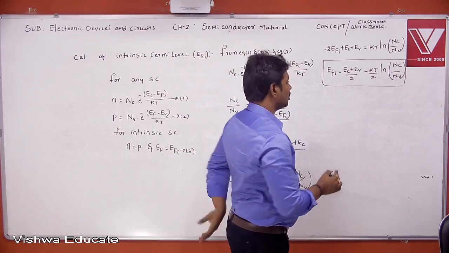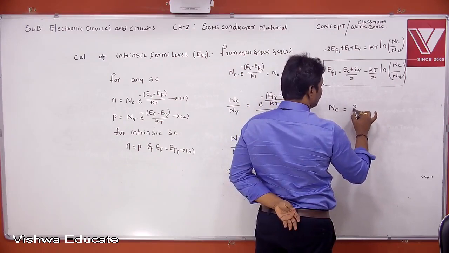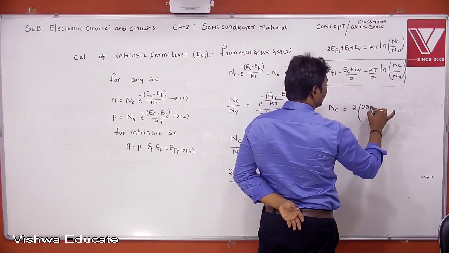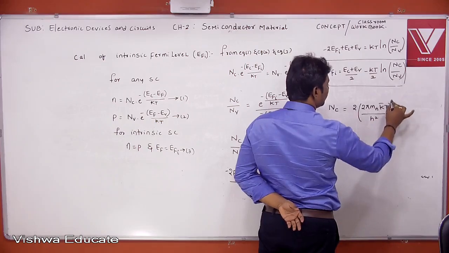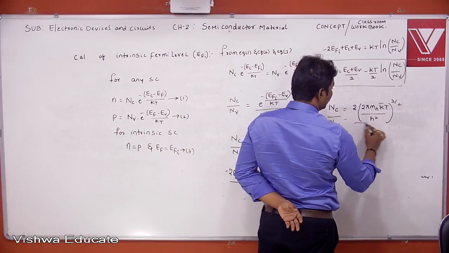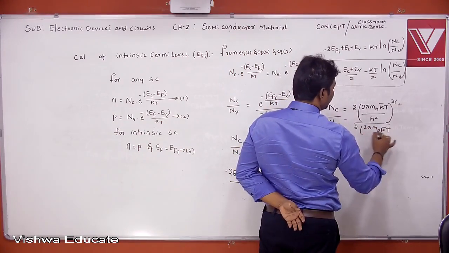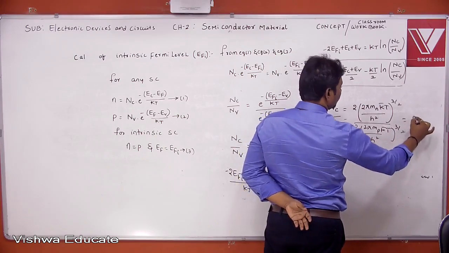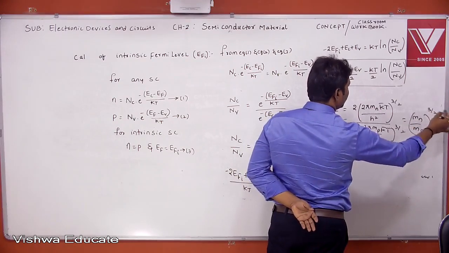Now I can define the equation in terms of effective masses. What is the Nc value in terms of effective masses? Nc equals 2 into (2 pi mn kT by h square) whole power 3 by 2, and Nv equals 2 into (2 pi mp kT by h square) whole power 3 by 2, so Nc by Nv equals (mn by mp) whole power 3 by 2.